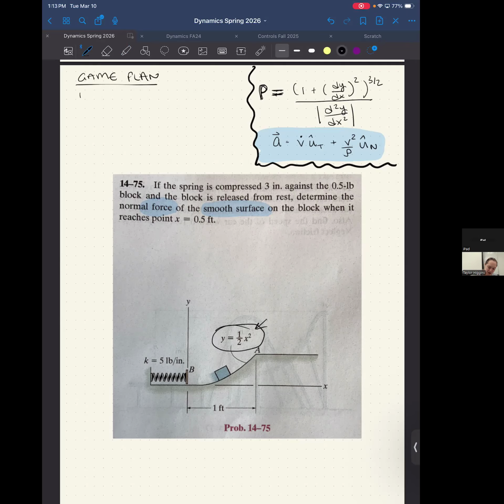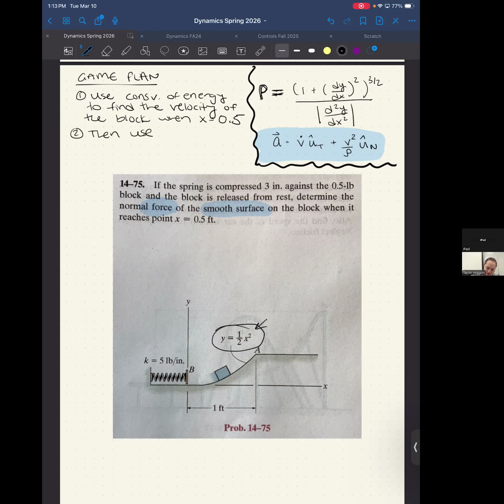But the first part will be to use conservation of energy to find the velocity of the block when x equals 0.5.